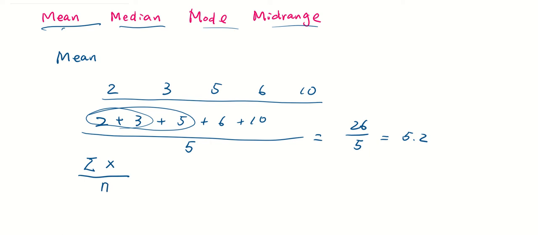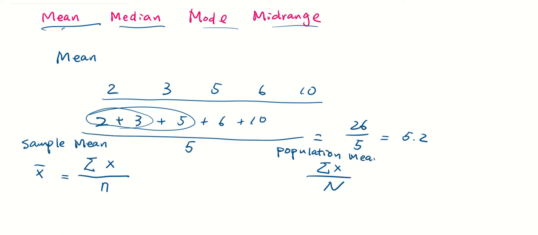One is divided by little n, the other one is divided by the big N. What is the difference? The little n here is talking about a sample. So here we're finding the sample mean. And another formula is talking about the population mean. It's going through the same calculation, but the symbols are different.